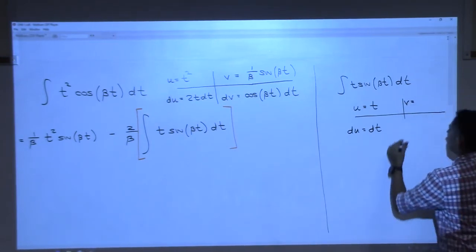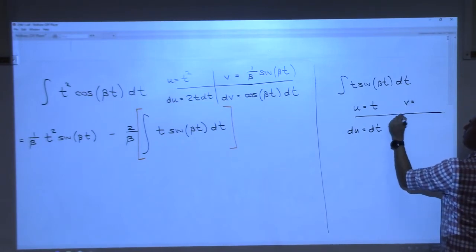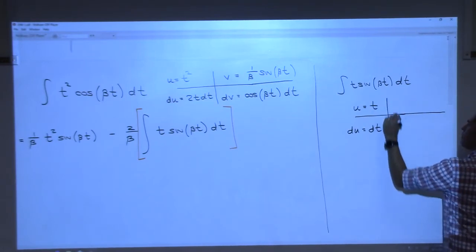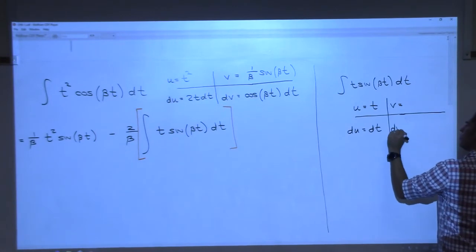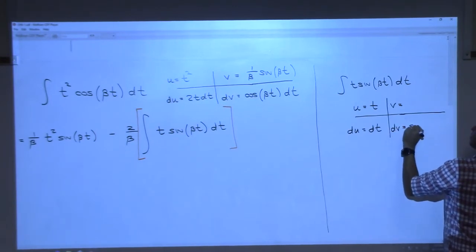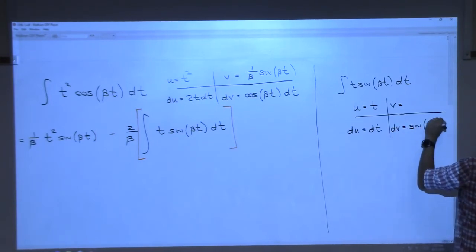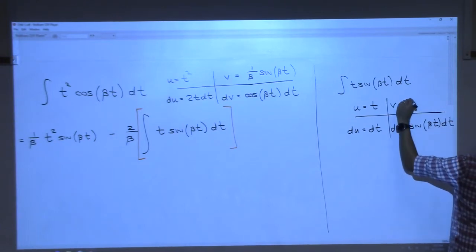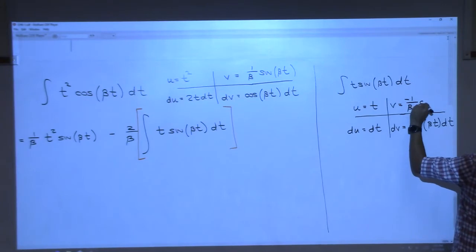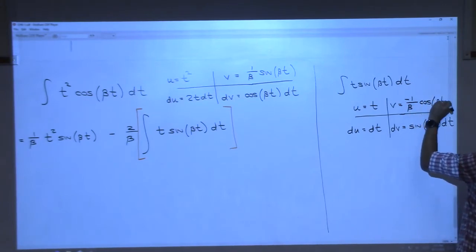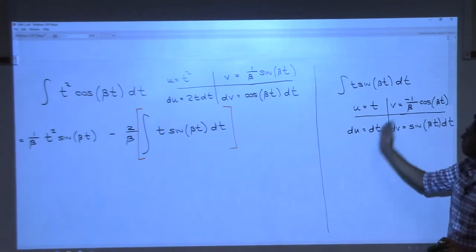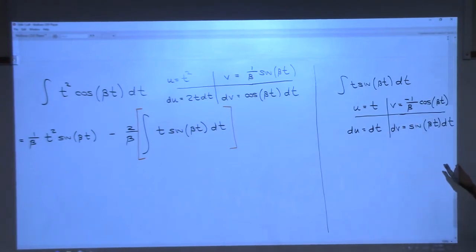Yeah, negative, right? We're going to have a negative. Let me just move this over so it's on camera. Sine beta t dt, and this will be, you said what? Negative 1 over beta cosine beta t. There we go. Yes, because that new integral doesn't have t anymore, right? And that's what I want.